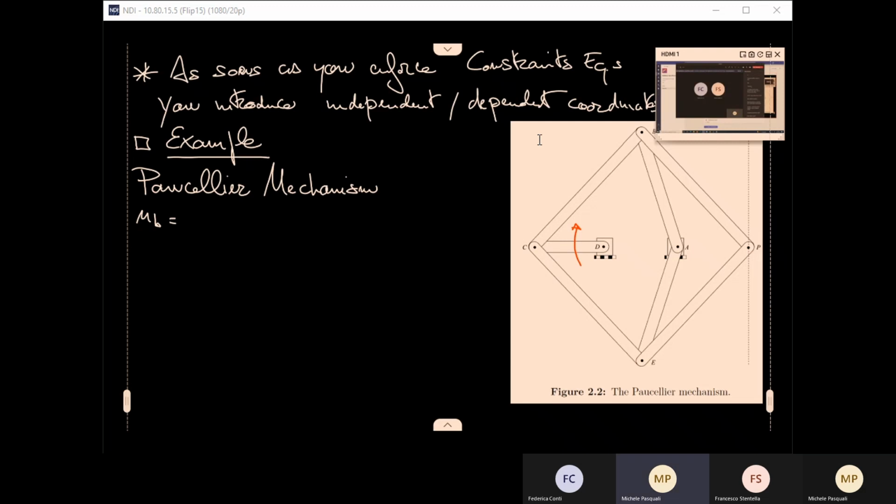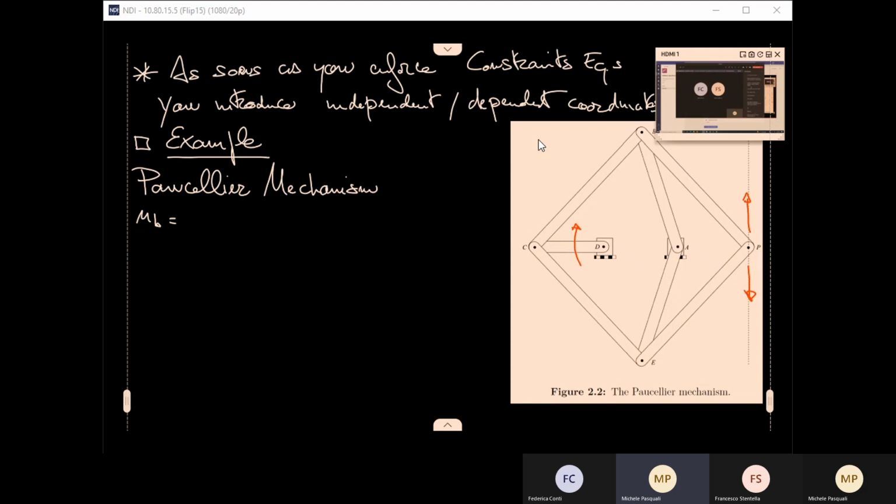This eventually can do this or this. Okay, so it's a conversion. Mechanisms are typically made for this, to convert motion. So we have several bodies which are linked through hinges.